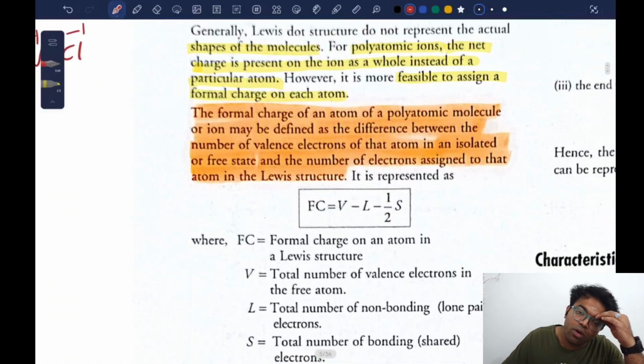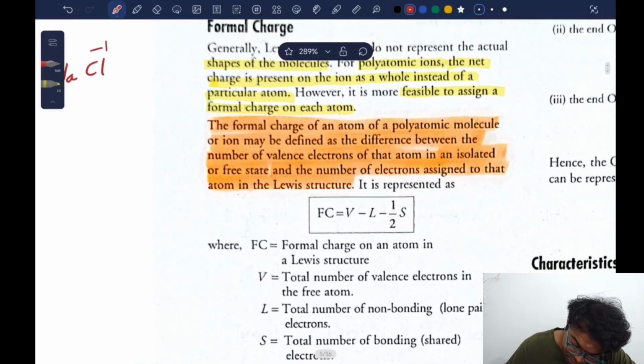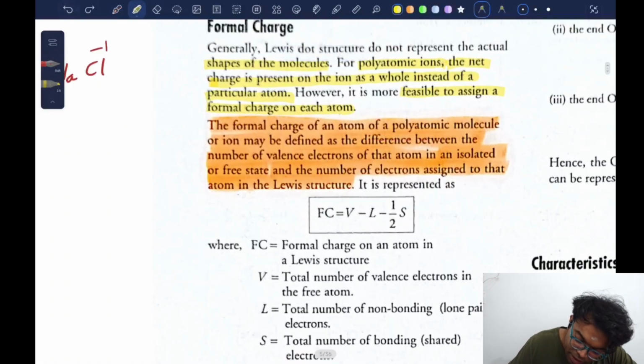Similarly, we are going to assign a certain amount of charge on each and every atom in a molecule. The formal charge of an atom of a polyatomic molecule or ion may be defined as the difference between the number of valence electrons of that atom in an isolated or free state and the number of electrons assigned to the atom in the Lewis structure.